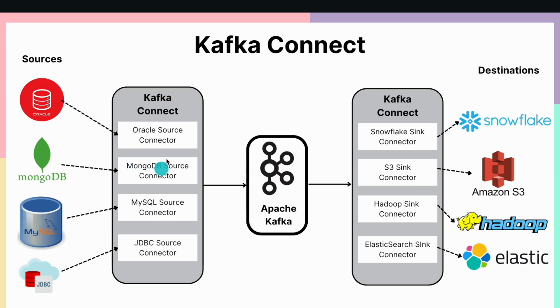Okay, so this is Kafka Connect. It's a service which lets you run these source connectors and sink connectors on it, and which enables you to integrate your external systems with Kafka easily and create your data pipelines easily.